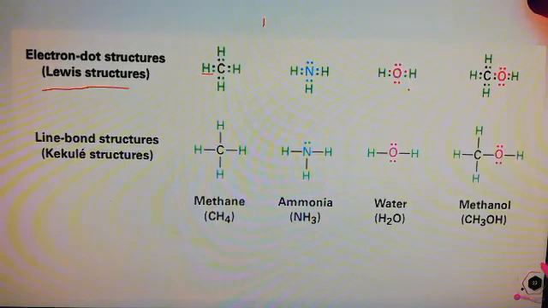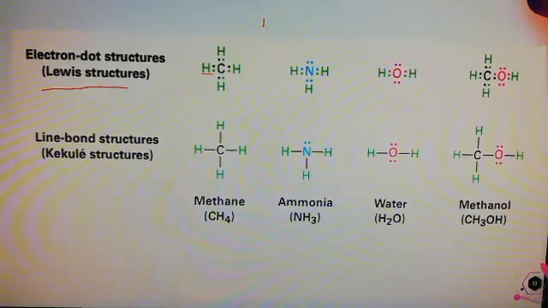Okay? So, magiging stable lang ang molecule kung ma-achieve ang noble gas configuration for all the atoms. So, 8 dots yon for main group atoms or 2 dots for hydrogen.